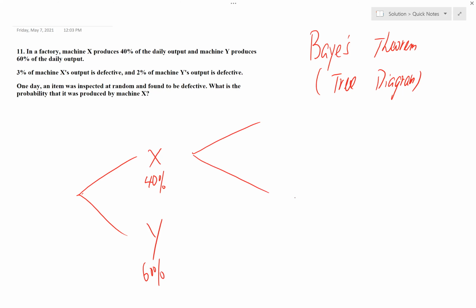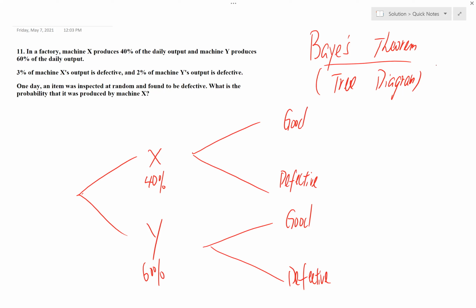And out of all those outputs, some of them are good ones, some of them are defective ones. Good, defective. Right? And sometimes it's important for a manager to understand which machine works better, works more efficiently. So you can look into the detailed breakdown using Bayes theorem and come up with your proper conclusion about it.